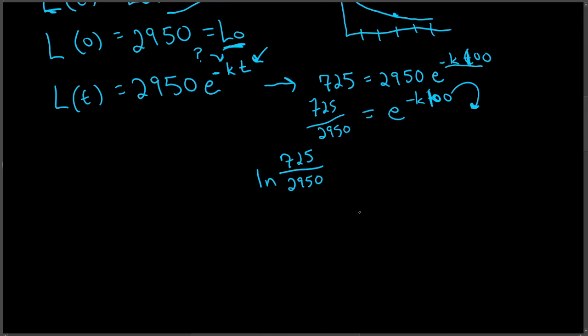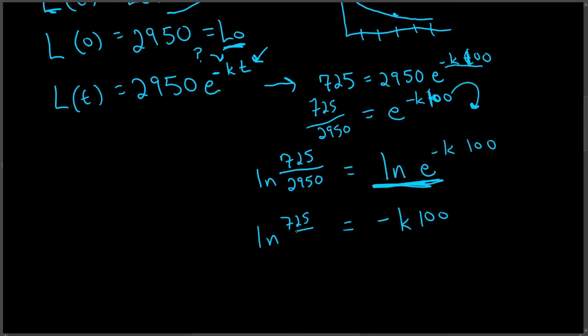If I take the natural log of one side, I take it to the other, and we know these are inverse functions of each other, and so the inverse function liberates what's upstairs. And if I isolate k, I make a clear division sign here, negative 100.